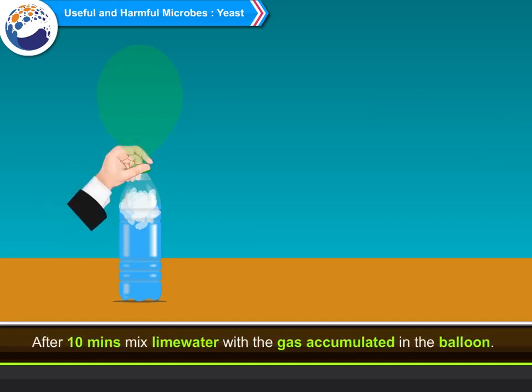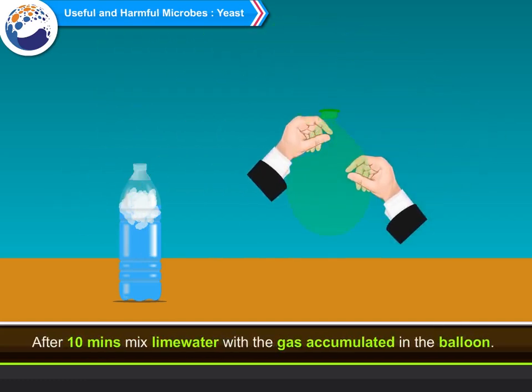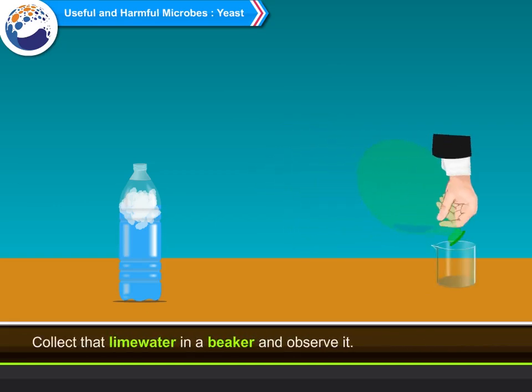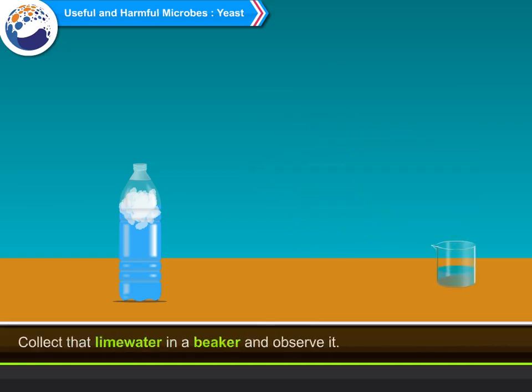After 10 minutes, mix lime water with the gas accumulated in the balloon. Collect that lime water in a beaker and observe it.